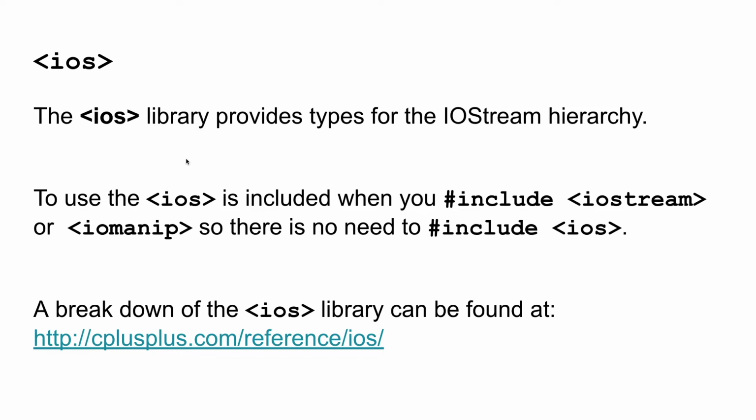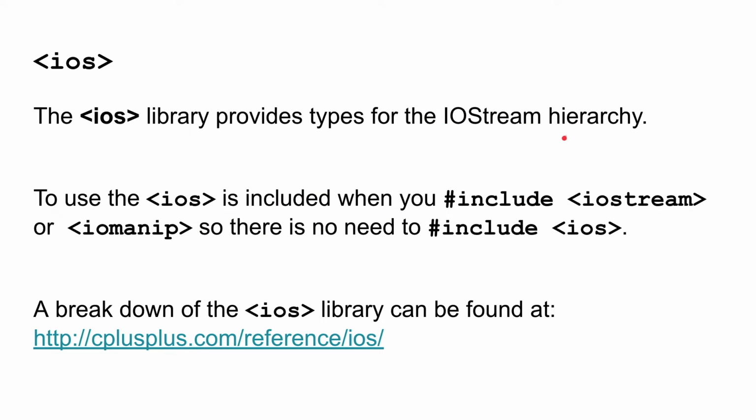The first manipulators we will talk about come from the ios library. This is a library that provides types for the iostream hierarchy, of which iostream and iomanip are part.